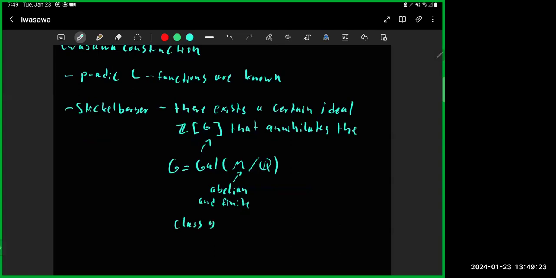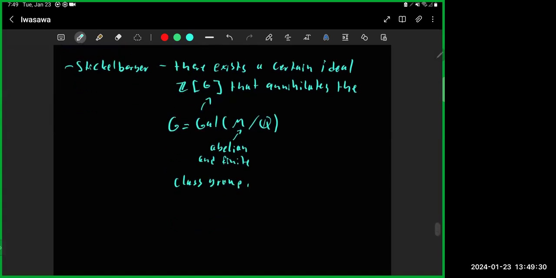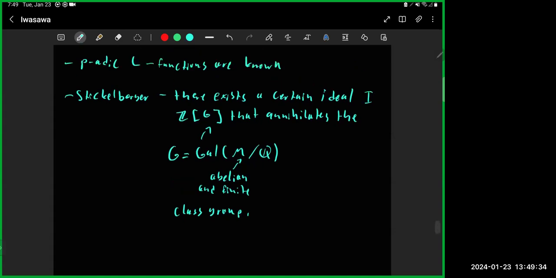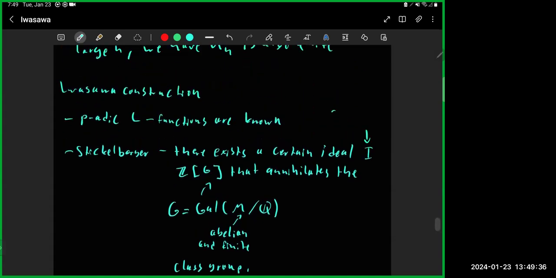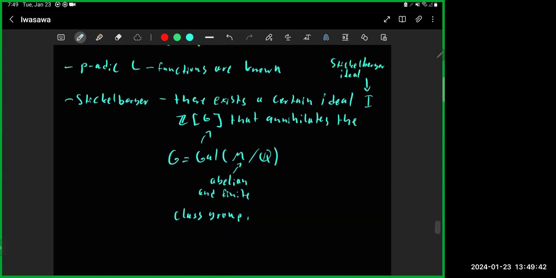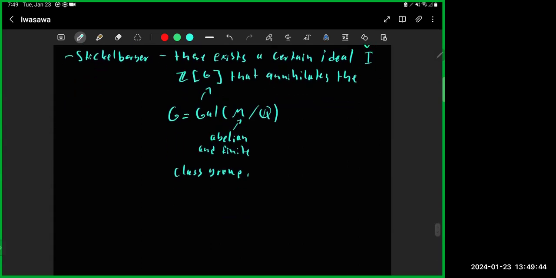So what does this mean explicitly? Well, the idea is if you take any element of this ideal, the ideal I'll denote it by I, and it's called the Stickelberger ideal. So the Stickelberger ideal essentially does the following.